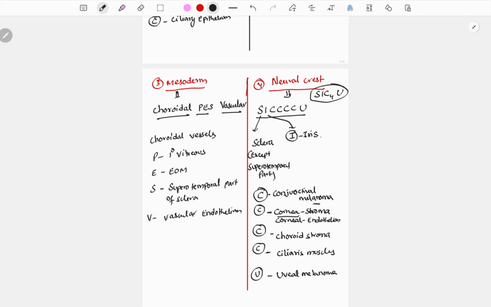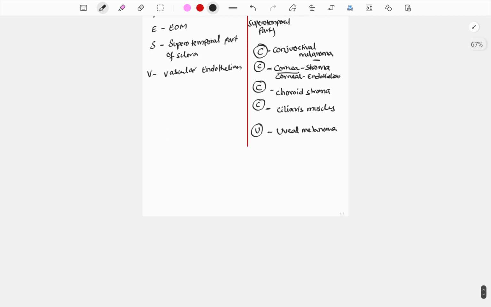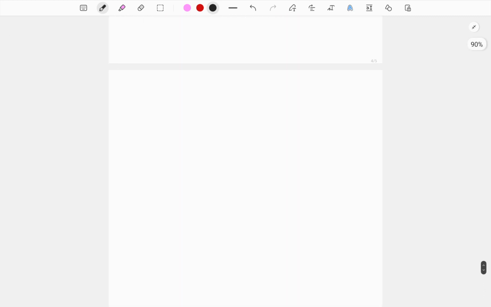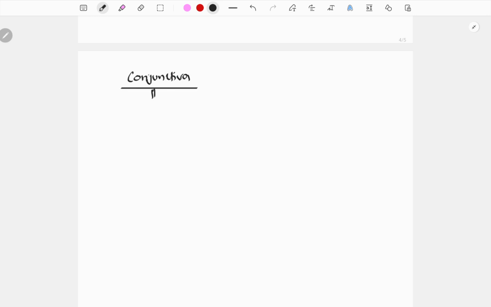See, individually, this is how to remember question forms. In conjunctiva, what we studied: conjunctival epithelium and conjunctival melanoma.